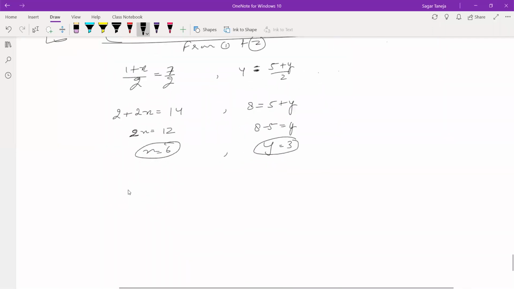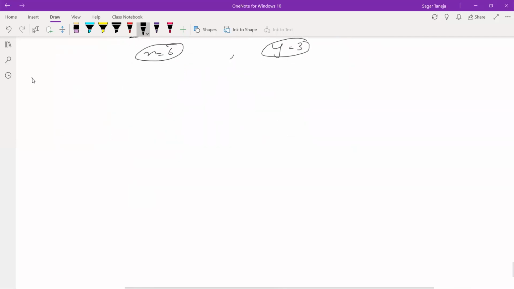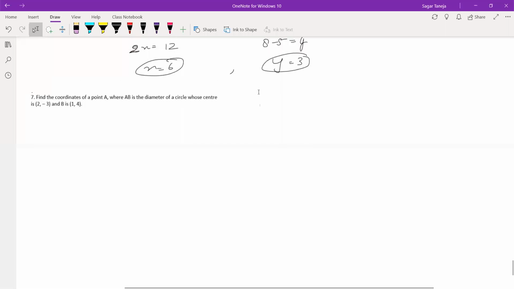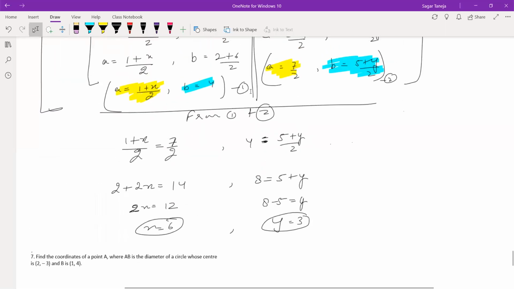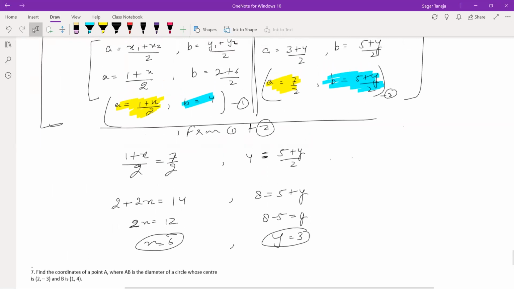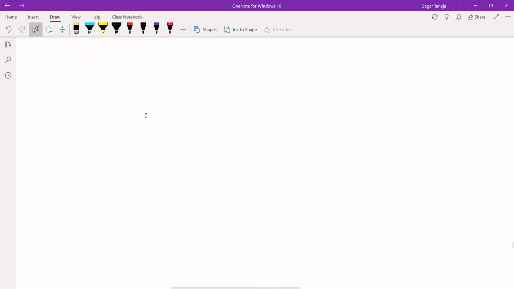Okay, after this, the next. How, AB, point B is the midpoint of AC. Okay.